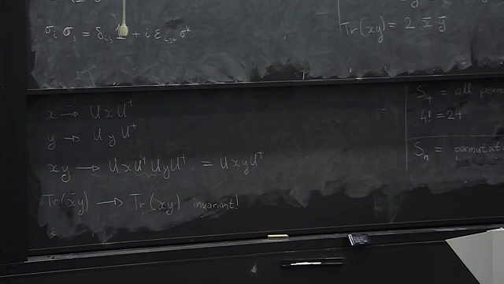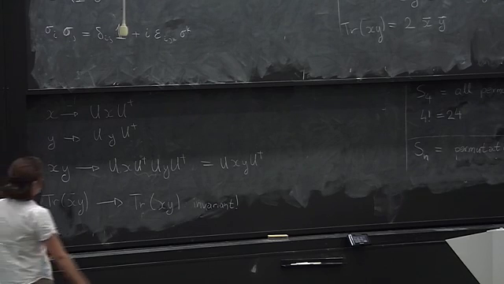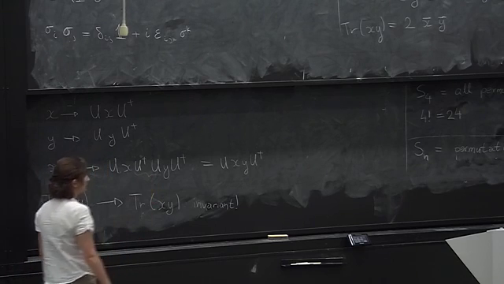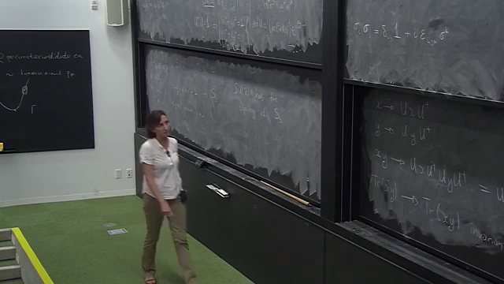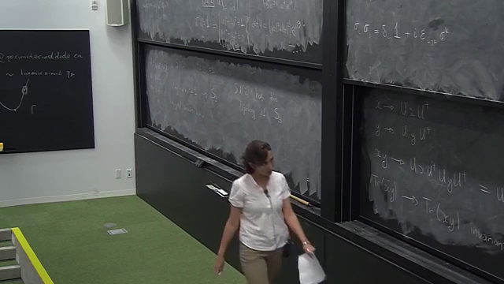Which means that I can find a map that takes me from an SU2 operator to an SO3 operator, because the scalar product is invariant. So the two groups are homomorphic.